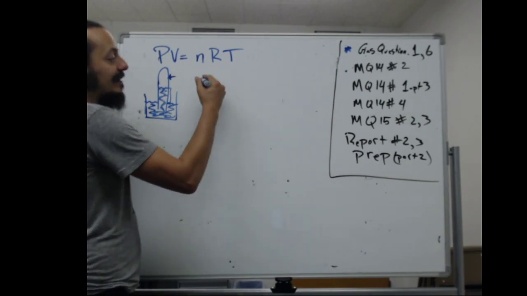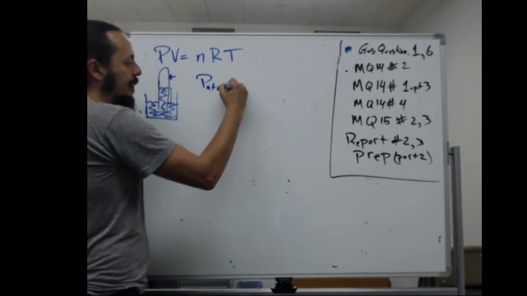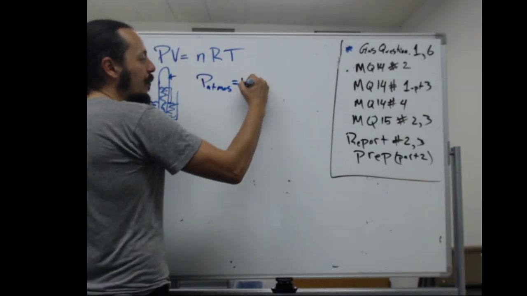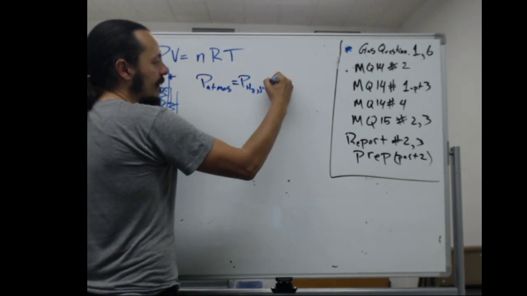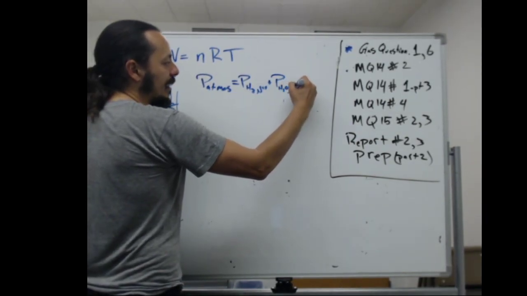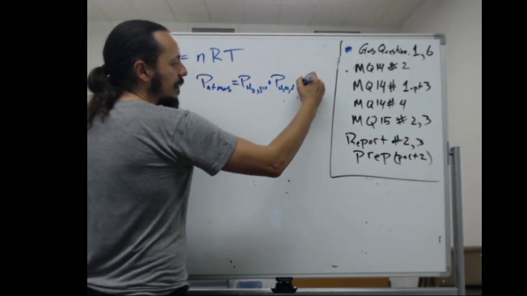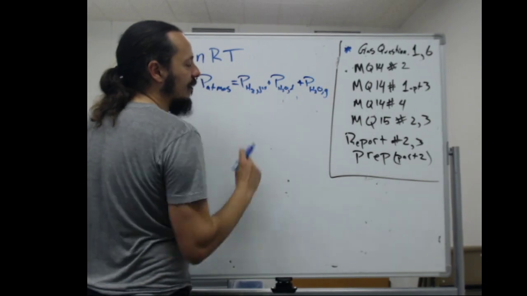So we're going to use the same equation we did for lab, which is pressure of the atmosphere is going to be equal to the pressure from the H2 gas plus the pressure of the H2O liquid plus the pressure of the H2O gas.